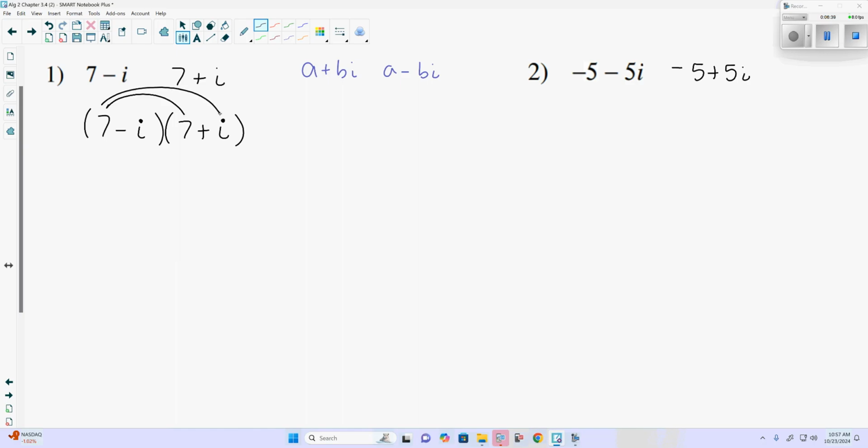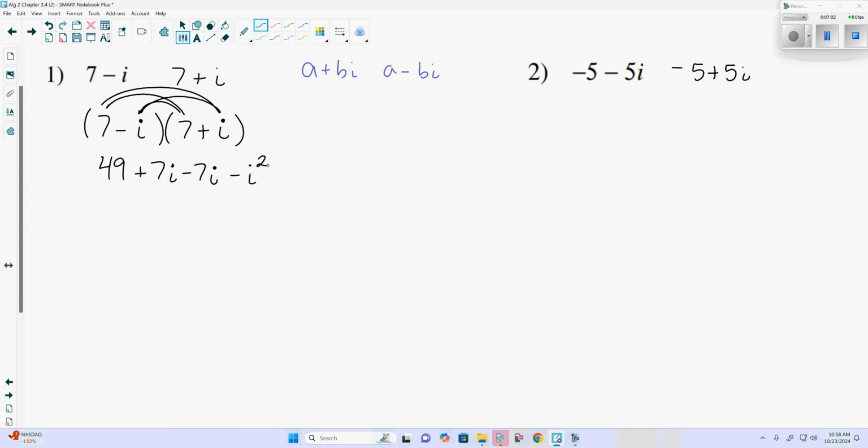If I distribute the 7, 7 times 7 is 49. 7 times i is plus 7i. Negative i times 7 is negative 7i. And negative i times i is negative i squared.